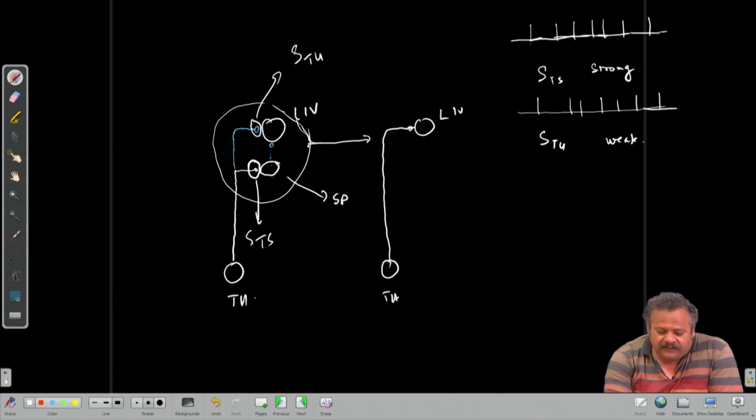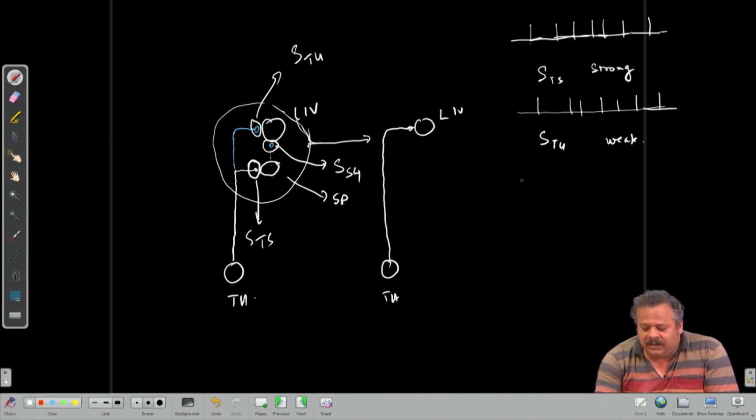So with a synaptic delay, the layer 4 neuron is producing action potentials.